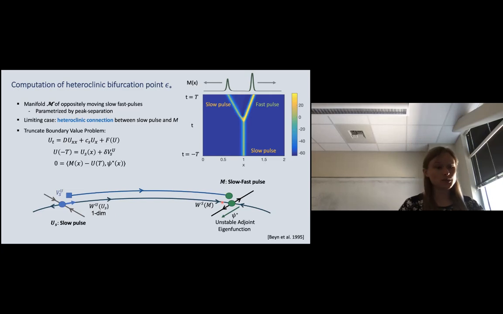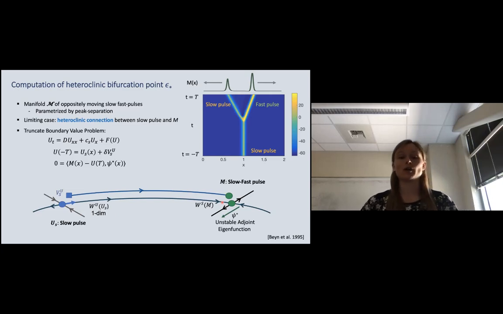And so we're going to do so via a truncated boundary value problem. So what we're going to do is actually start near the slow pulse, but a small distance away in the direction of its unstable manifold. And we want our boundary condition at the end to be perpendicular to the unstable adjoint eigenfunction of that slow pulse pair.